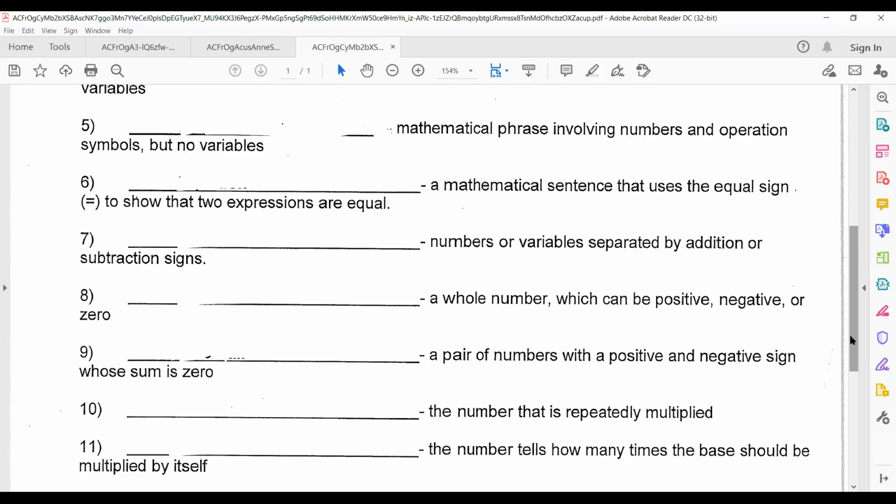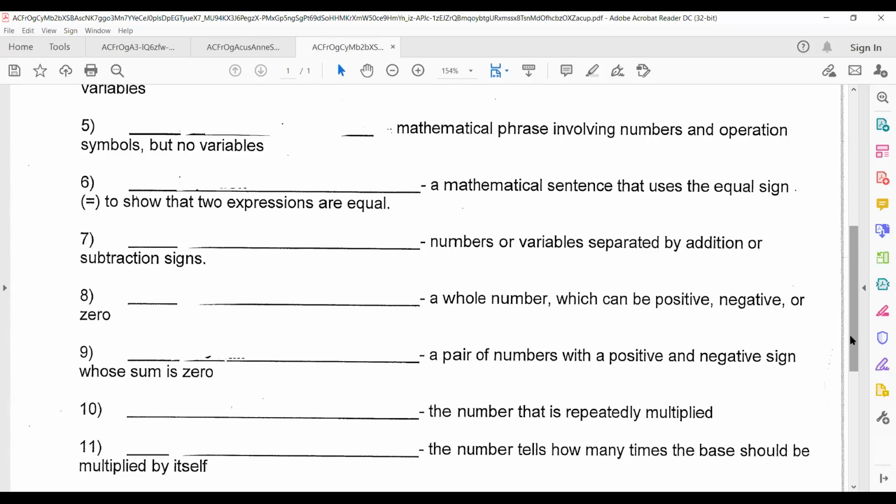Now, somebody earlier said 0 pair. That's actually number 9. A pair of numbers with a positive and negative sign whose sum is 0. It's actually the same number with the opposite sign.